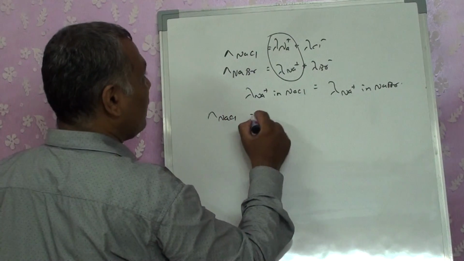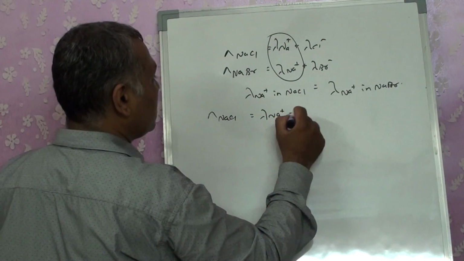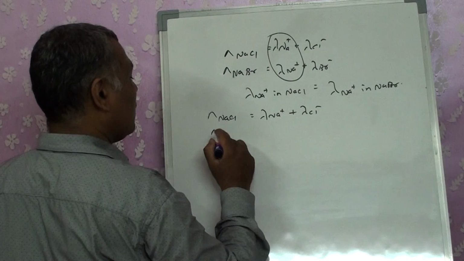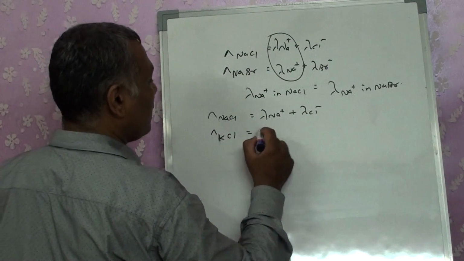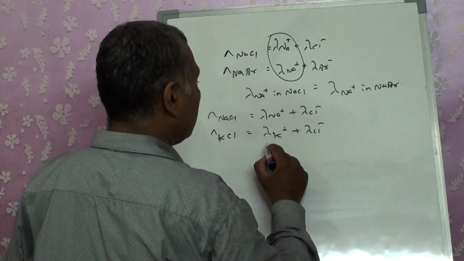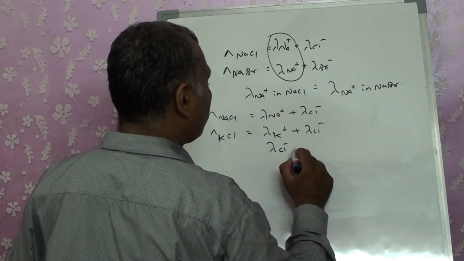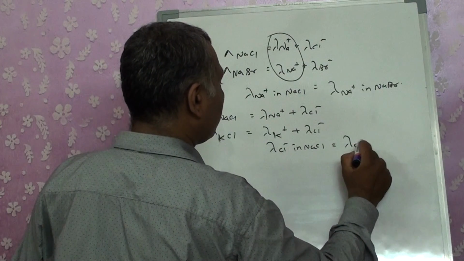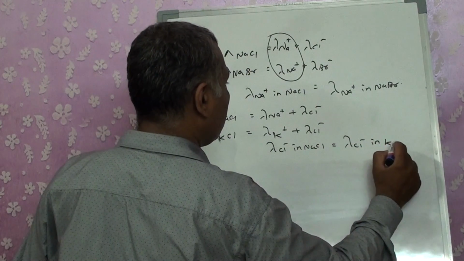You can also measure it this way. NaCl gives Na plus and Cl minus. If we take KCl, we get K plus and Cl minus. Here also, the conductivity of Cl minus in NaCl is equal to the conductivity of Cl minus in KCl.